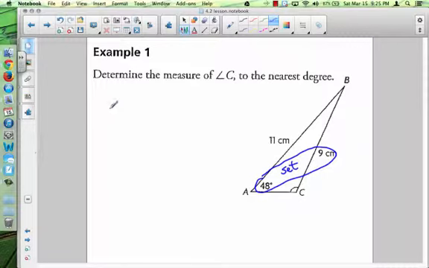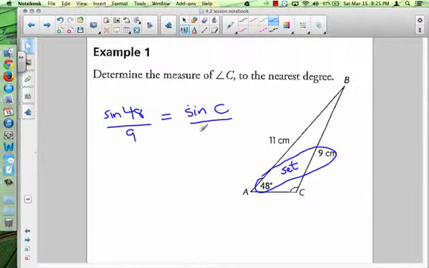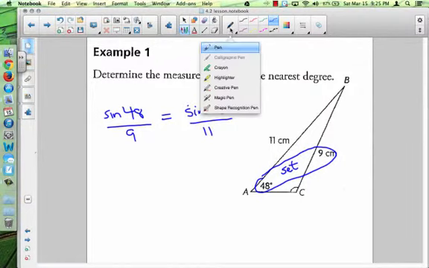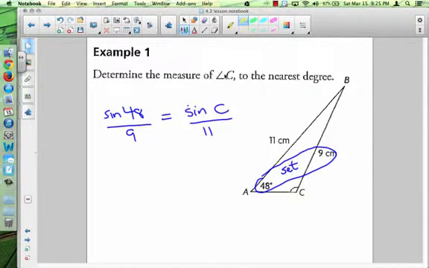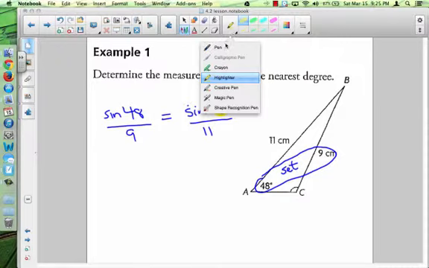So set up your sine law: the sine of 48 over 9 is the same as the sine of angle C, that's my unknown, over 11. Remember that I want to find angle C, so right here is my unknown. That's what I've got to solve for.